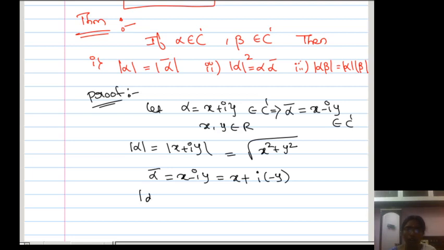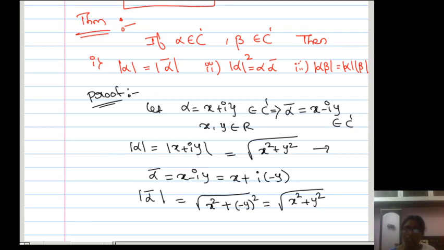What is mod of this? Mod alpha bar is equal to under root, the real part x square, the imaginary part minus y whole square, which means under root x square plus y square. This is equivalent to the previous one, again you are getting the same thing.